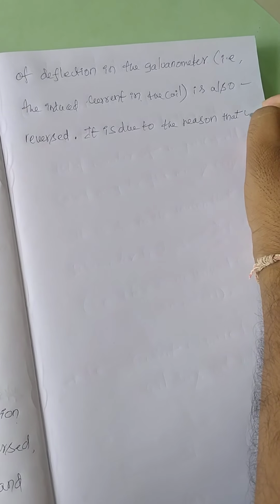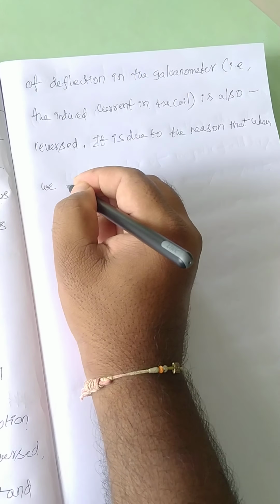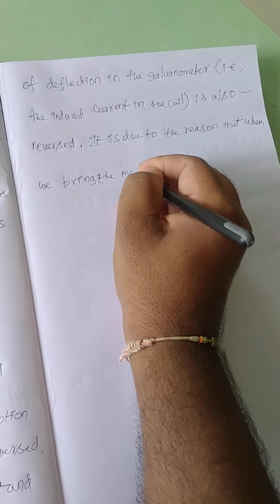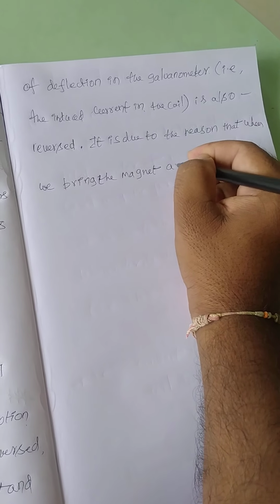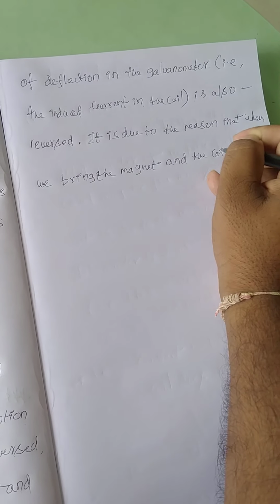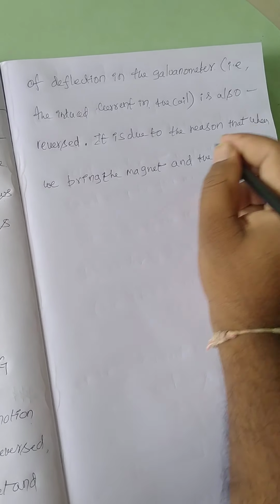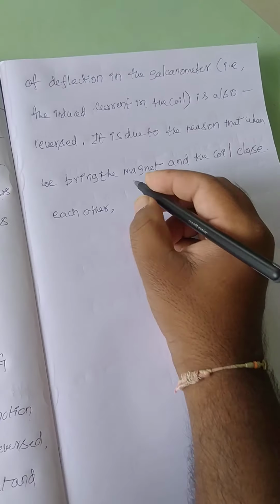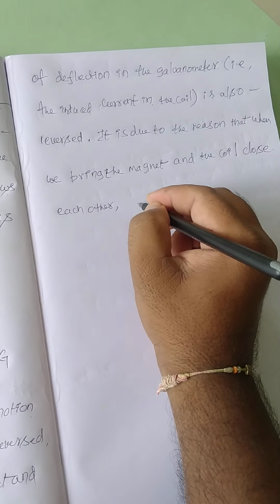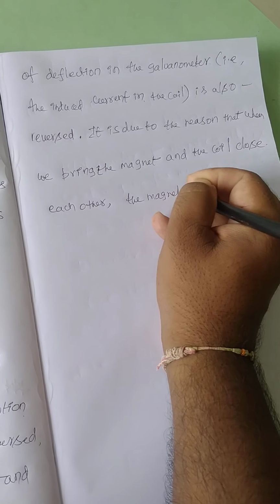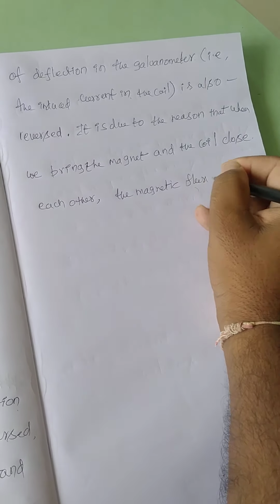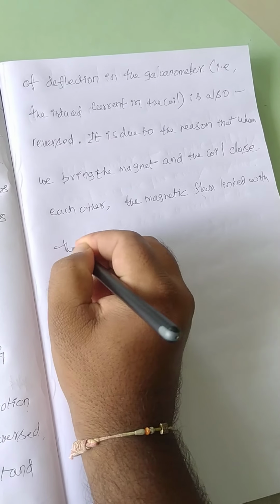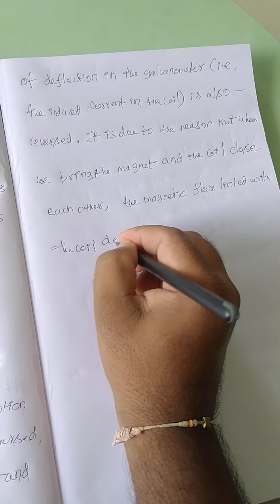When we bring the magnet and the coil close to each other, the magnetic flux linked with the coil decreases.